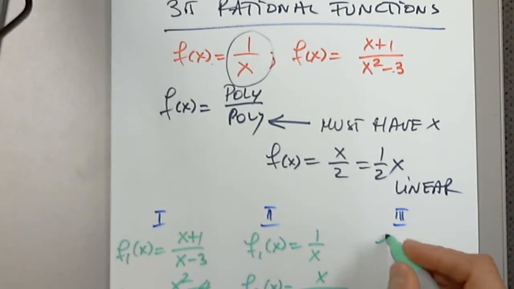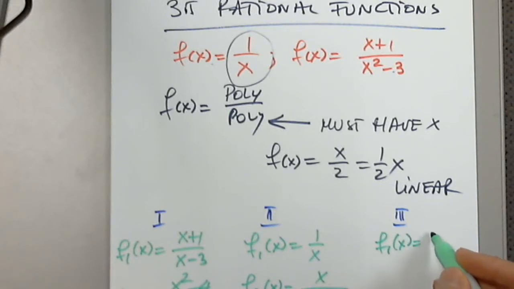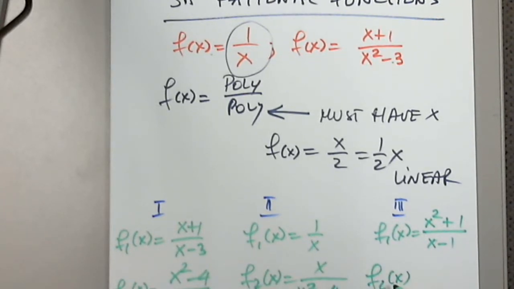And in type 3, 2 examples. Let's say x squared plus 1 divided by x minus 1. And f2, I'm going to say x cubed minus 1 over x squared plus 1.